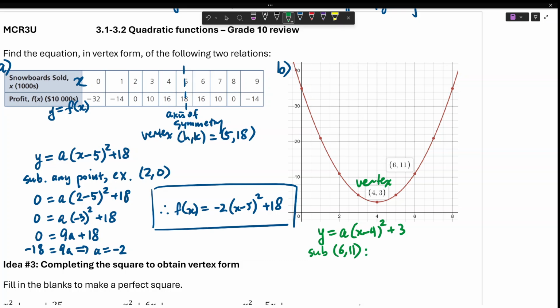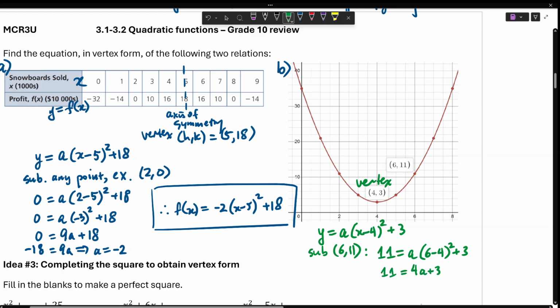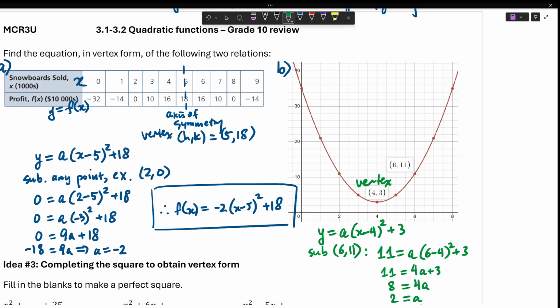So y is going to be 11, and x is going to be 6. We're going to solve this equation. You'll notice 6 minus 4 is 2. 2 squared is 4, so this is 4a plus 3. You solve this. Let's say we subtract 3 from both sides, divide by 4. You get a is equal to 2. So y is equal to 2 times x minus 4 squared plus 3.